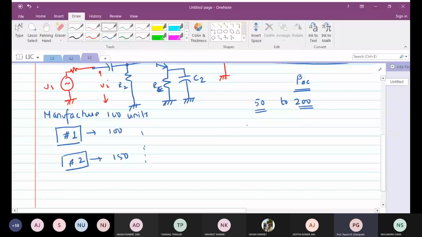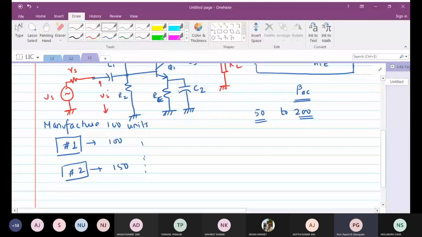In simple words, this particular amplifier, a single stage common emitter amplifier without any feedback, happens to be heavily dependent on transistor parameters.